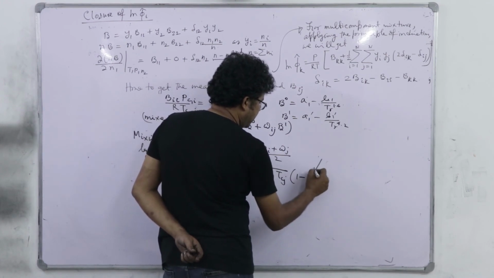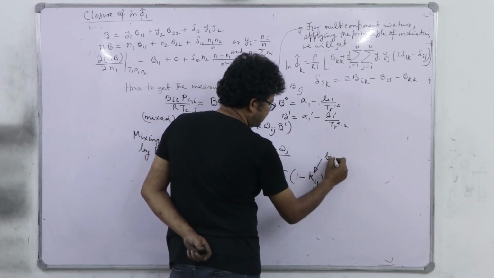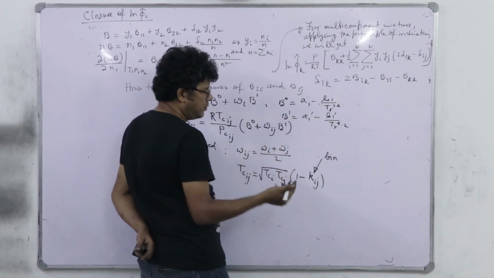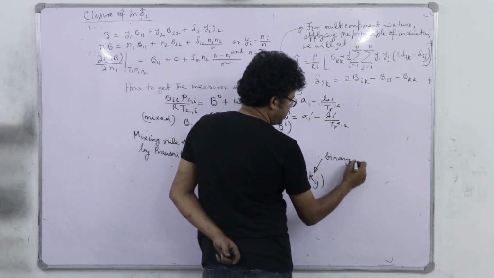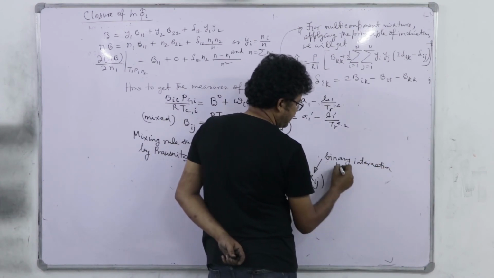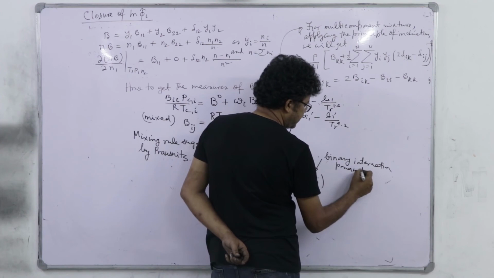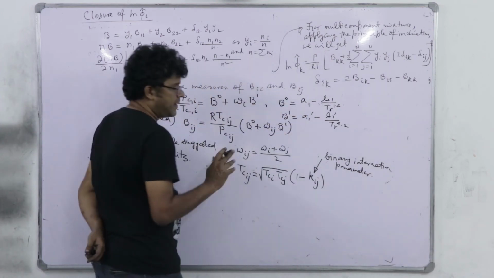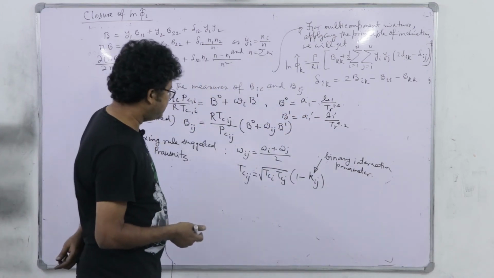This Kij is called the binary interaction parameter. It is an adjustable parameter, so that value will be provided. If its value is not available, we can drop it.